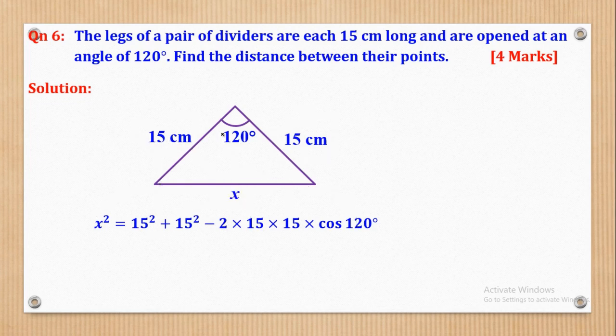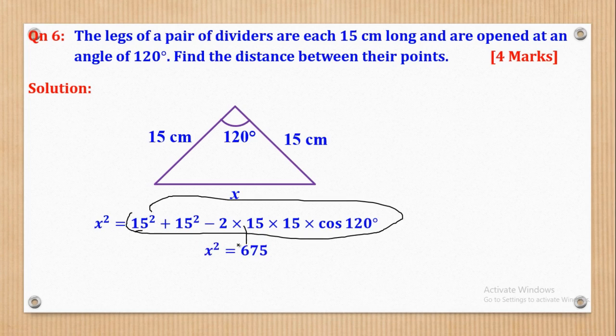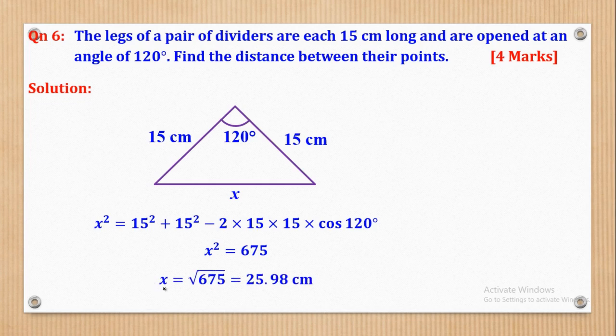So that is cosine rule. Next is to use the calculator to simplify. So when I simplify, the whole of this will be 675. Then next is to put square root on both sides to come up with x being equal to square root of 675, which is 25.98 centimeters. So I use 2 decimal places.